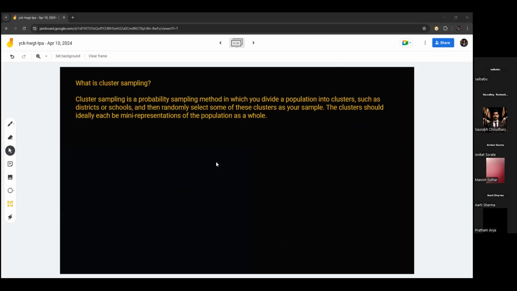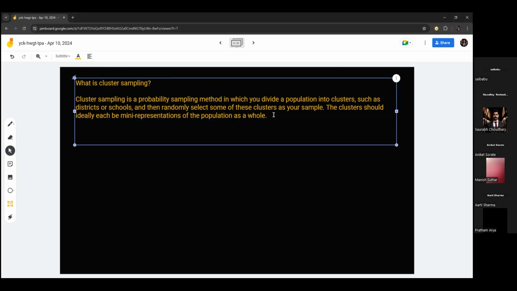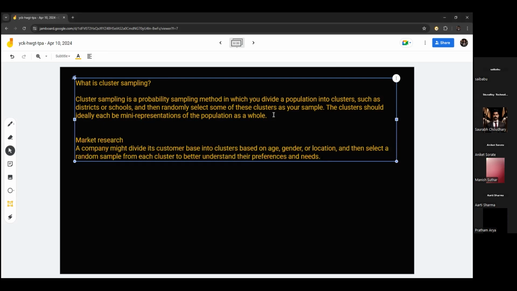Some real life example of clustering is market research.